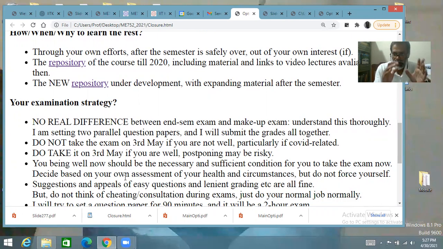If you feel that you are well now, then take it now. On the other hand, if you are not well now, then don't force yourself. This will damage your performance credit rating. So be careful. You have to decide whether you are well or not, whether you are going to take the exam or not.